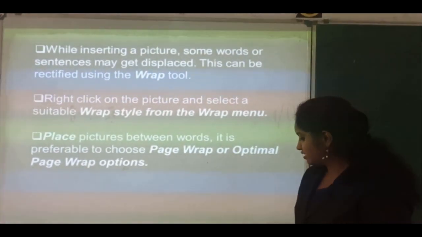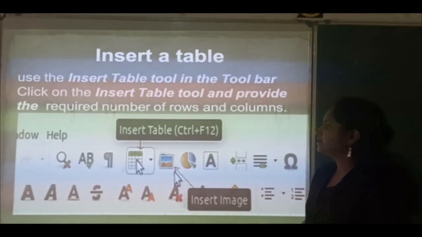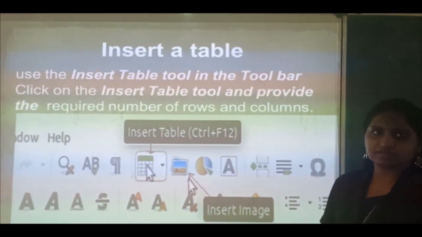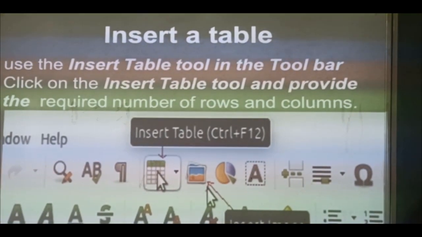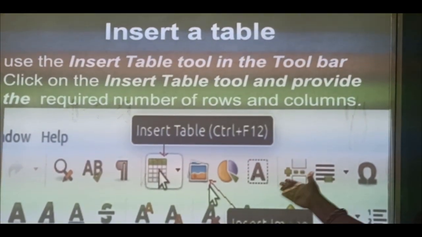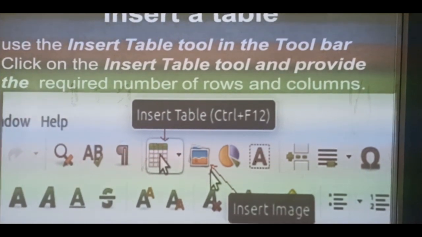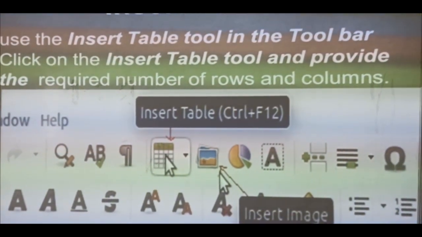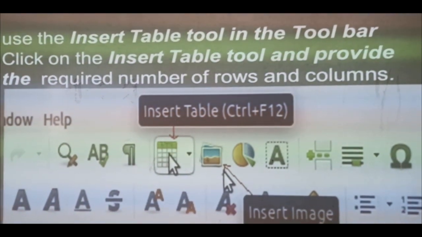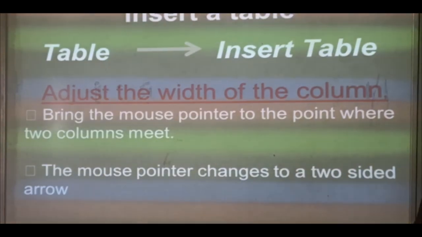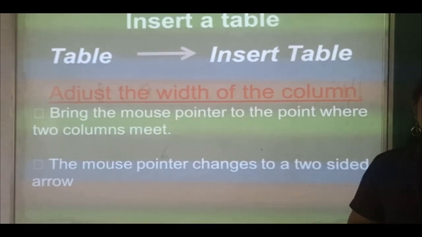Okay, students. So let's see how to include a table. This thing you have already done in the last class, that is in the 8th standard. So here also you have an option. You can click on the insert table tool. You will get the different options. The number of columns and rows you can apply, and like this you can include a table.